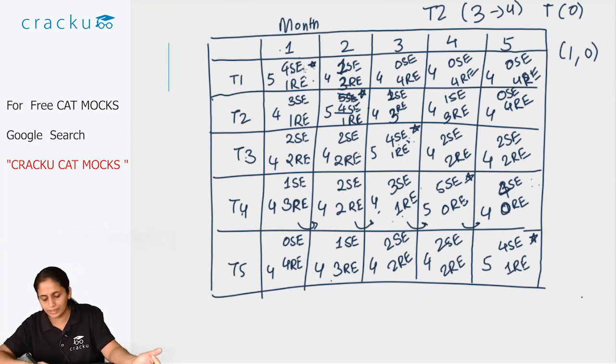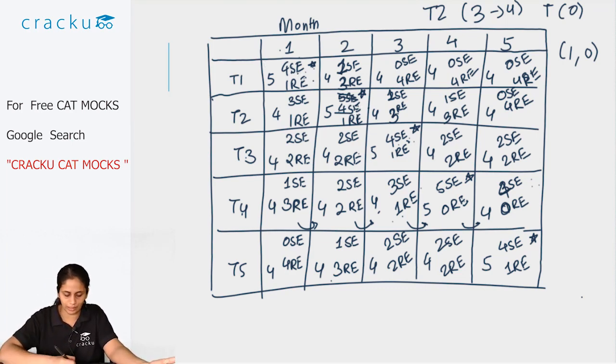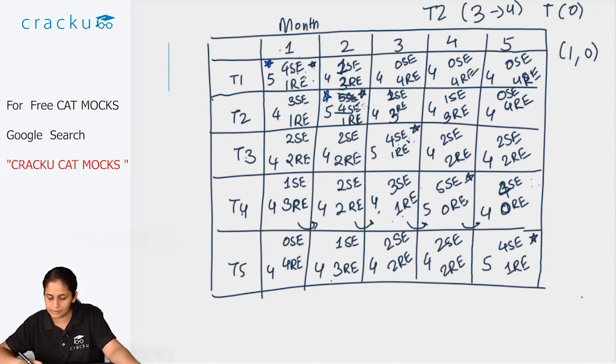So suppose Anik worked in T1 in the first month, then T2 in the second month. So he has worked on 2 challenging projects. So if he is working here, then here, now instead of going to T3 when the skilled employees are sent, he goes, so here there were 4 skilled employees. So 2 were sent to T3 and 1 was sent to T4.